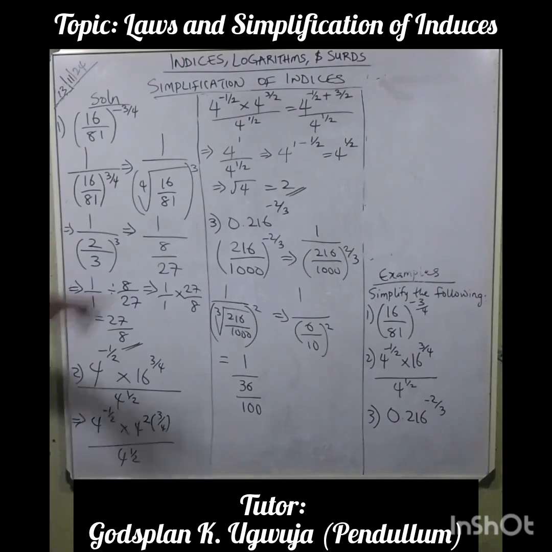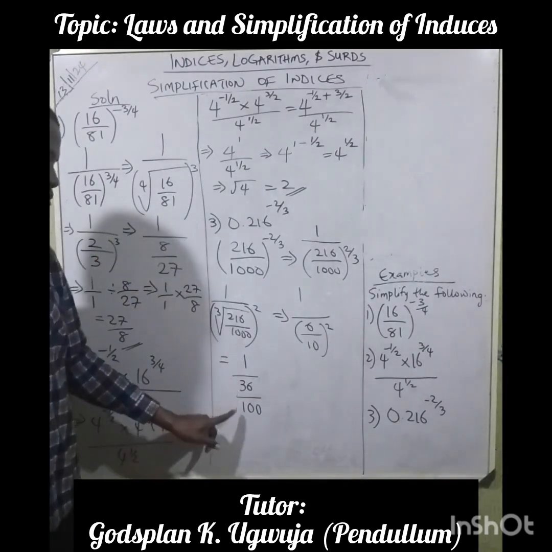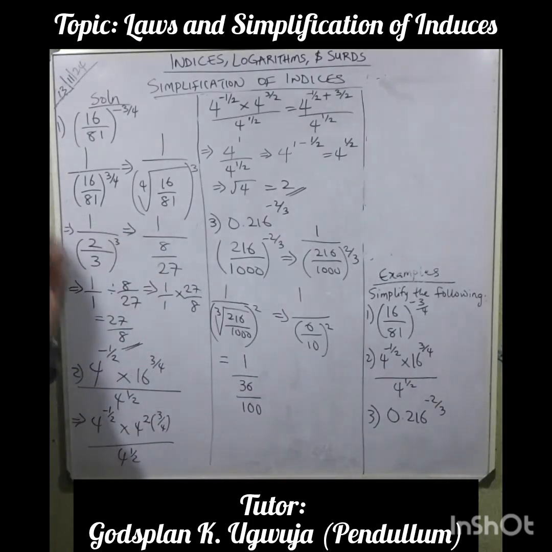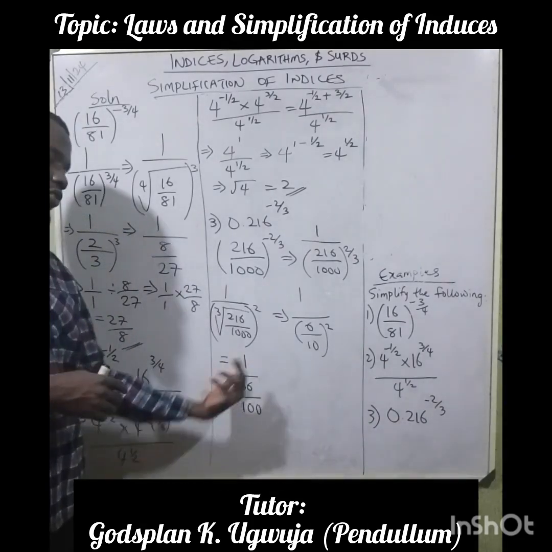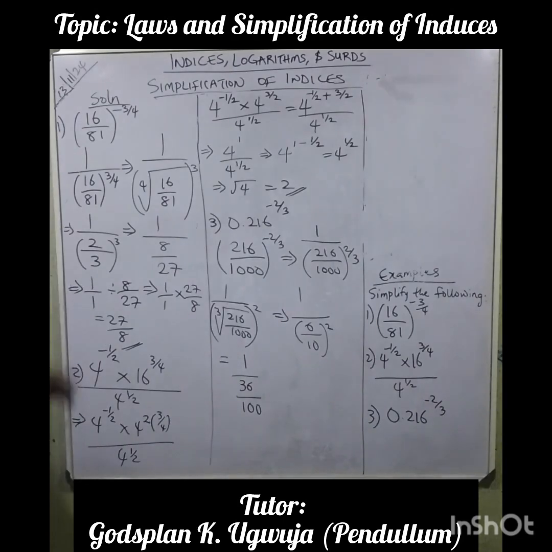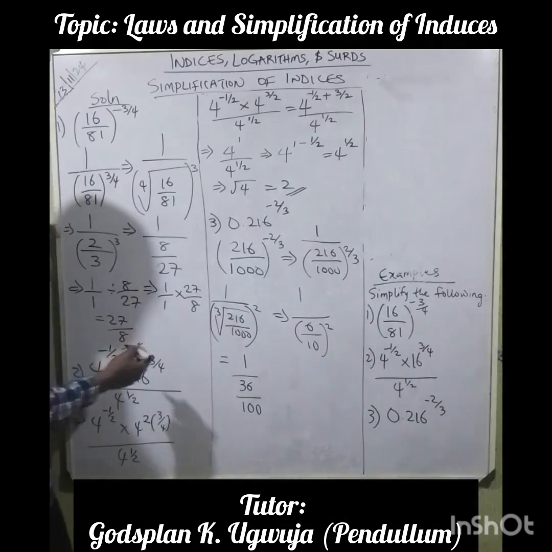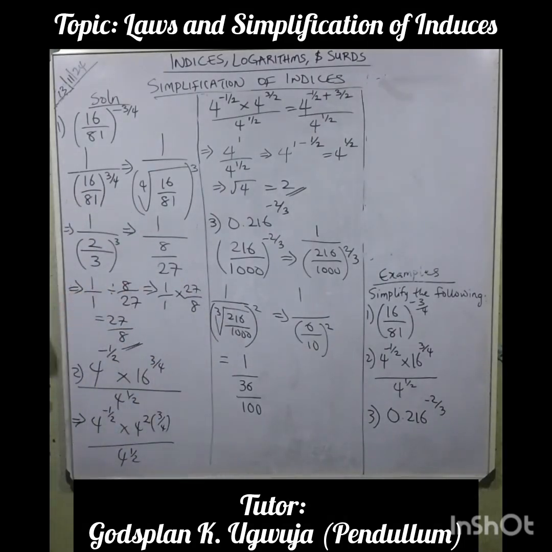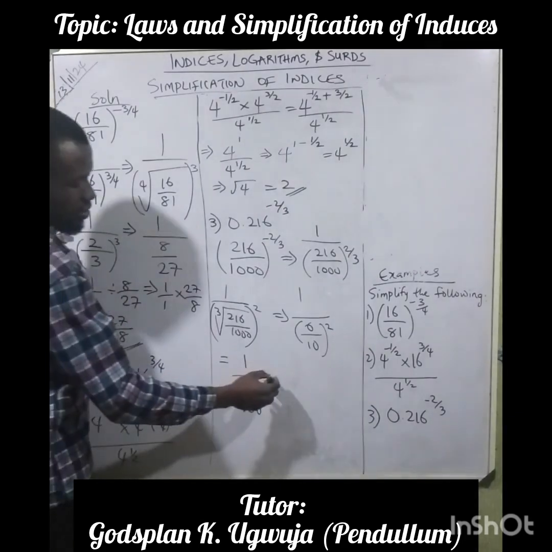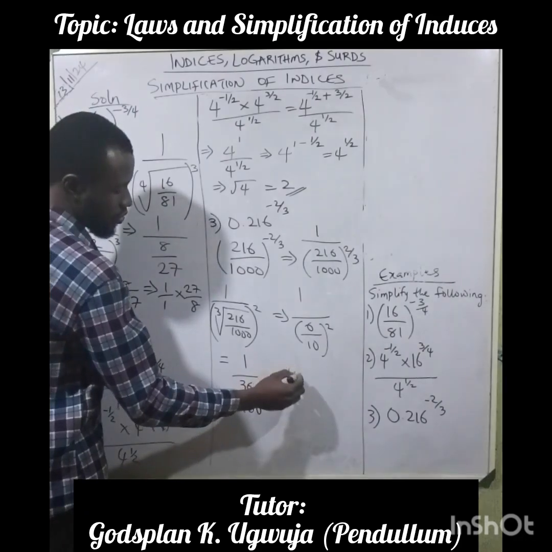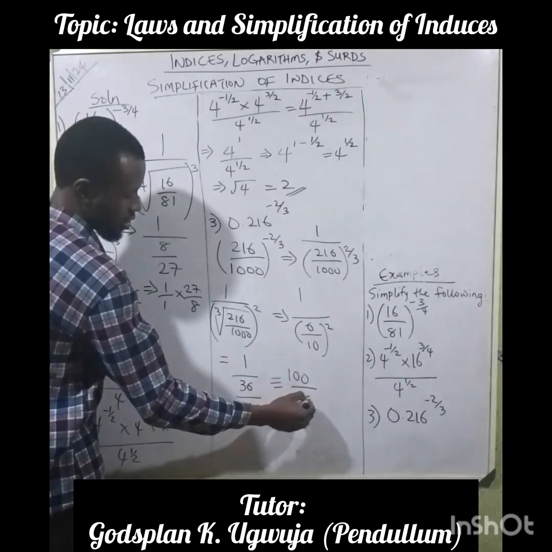Then obviously, like we did here, if you have 1 over 36 over 100, you just invert it. So this will give you 100 over 36. You can just invert it, right? If you want, you can do it like this, but I don't see the need to go this way again. So this is equivalent to 100 over 36.